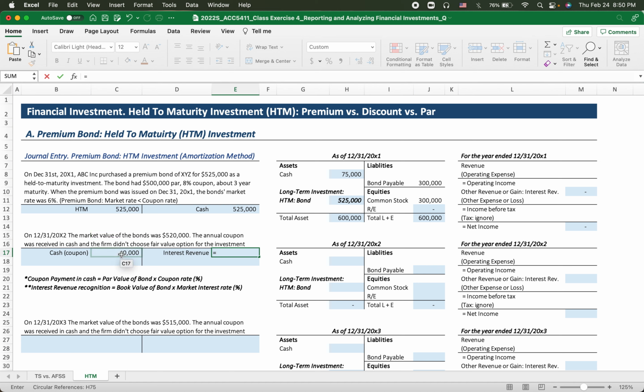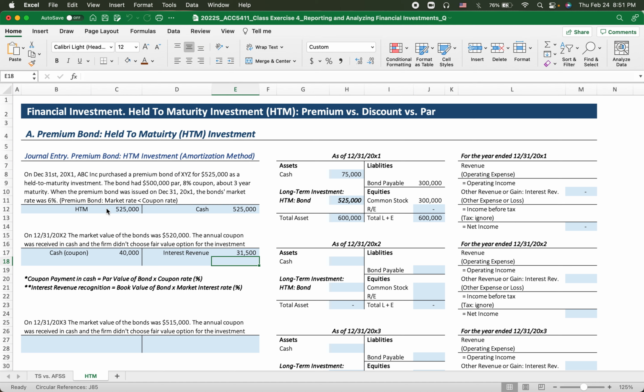The coupon amount is calculated by the issuer's offer, but interest revenue is from the perspective of the investor. How much was the investment amount? Right, 525,000 times the required rate of return, which is the market rate, 6%. So the interest revenue is 31,500.